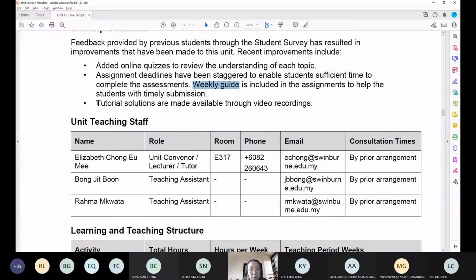Tutorial solutions are made available through video recordings. I don't provide the tutorial solutions directly, but for the online tutorials, we take recordings and the solutions are all in that video. You can look through the recordings. These are some changes that we've made for this semester.